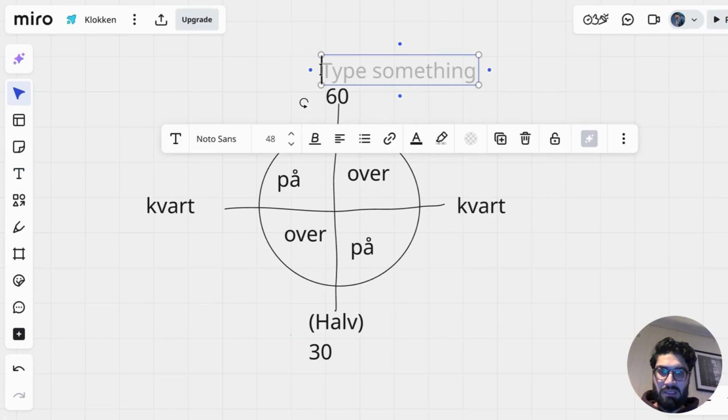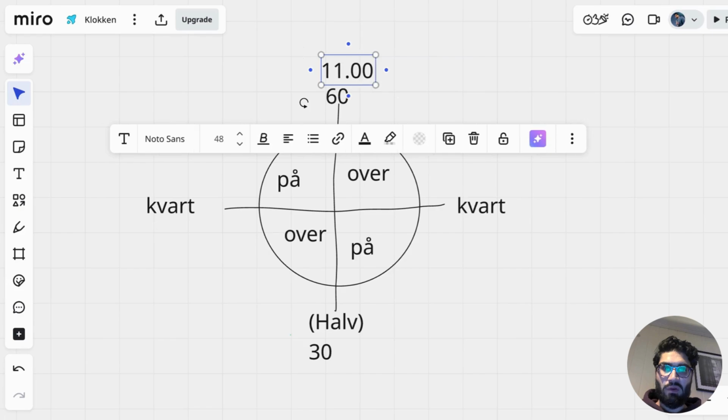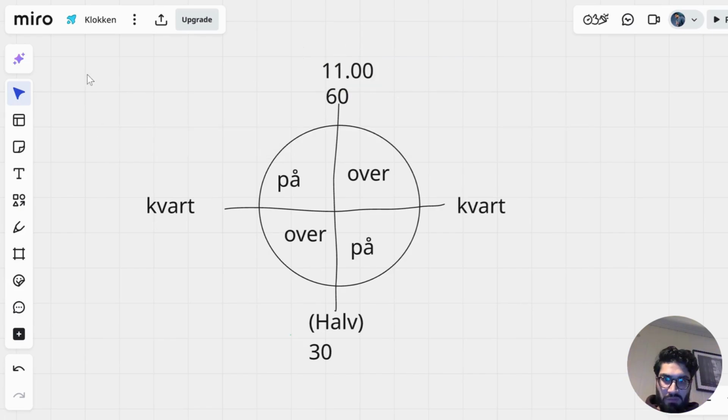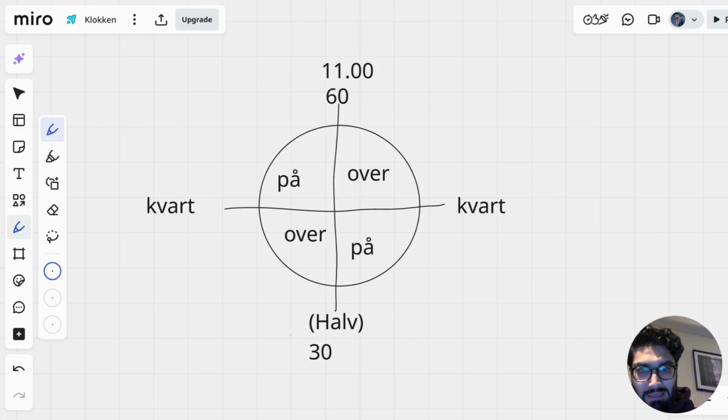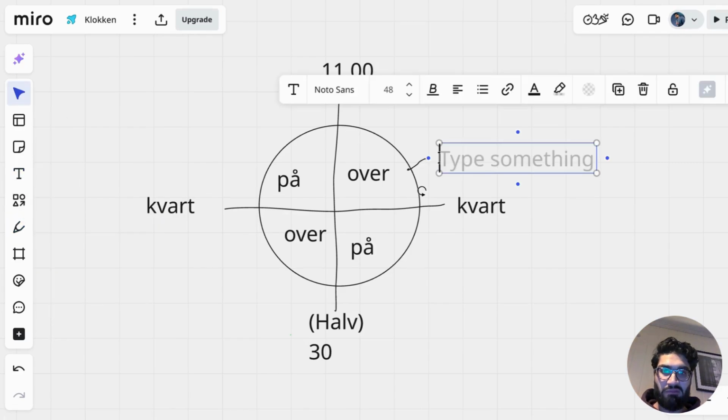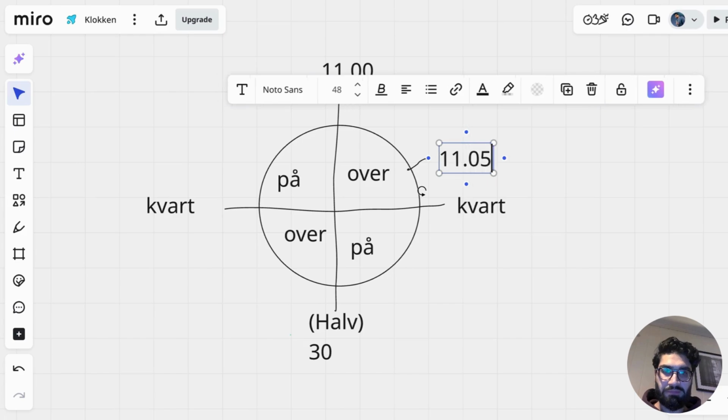Okay, we will take an example of 60 minutes. Let's say we are taking 11 o'clock as an example. So all of this 1 hour, from 11 to 12 o'clock. So let's say that the time is 11:05.